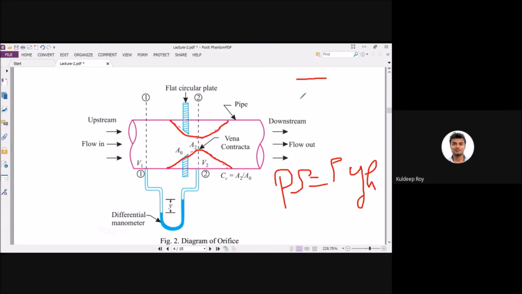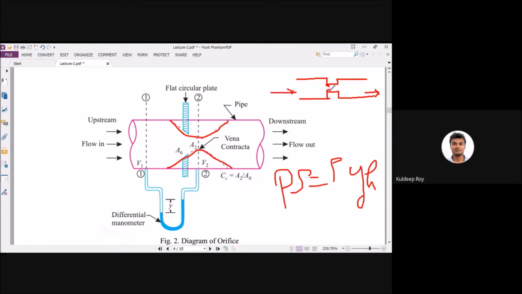If this is the orifice plate, I'm making the orifice plate. Means if the fluid is flowing from this direction to this direction, you have applied some kind of hole, then what will happen? When the liquid enters at this position and this position, a curved nature will form from both positions.